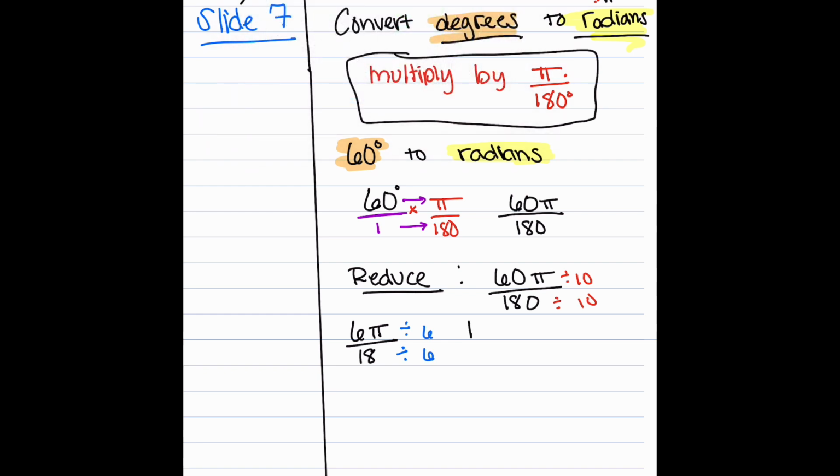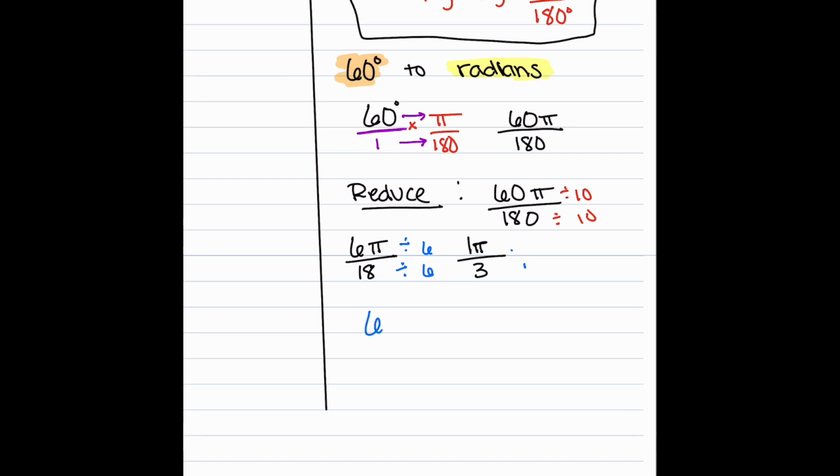And again, we can just ignore the pi and bring it along at the end. 18 divided by 6 is 3. And that is as far down as they can be reduced. We can't divide by anything else anymore. The only number would be 1, but that would get us the same answer. So then that is our response. 60 degrees is 1 pi over 3 radians. So you always, always, always multiply by pi over 180 and then reduce.